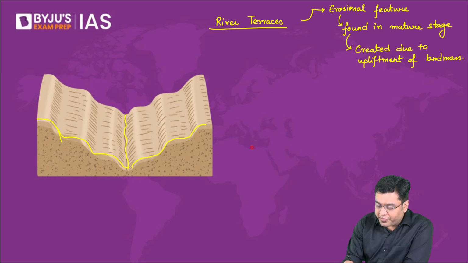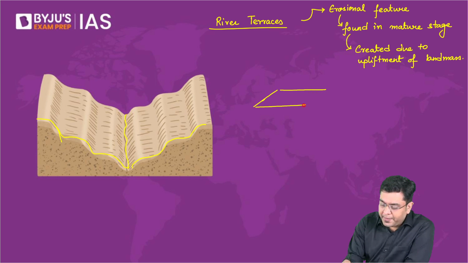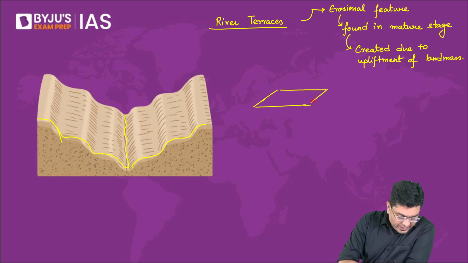So let's suppose in an area, you have a kind of a region, a landscape, somewhat like this. And this is where it is a mature stage. So mature stage means the river will be flowing like this. Okay, maybe like this.